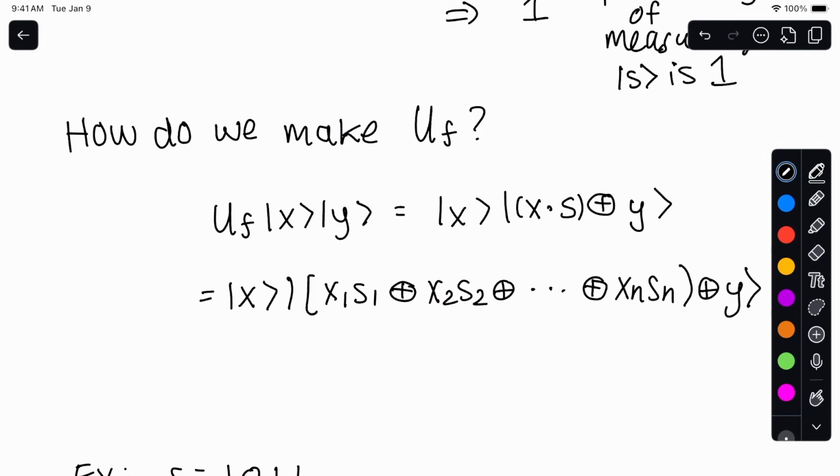So now we can see that basically for each one of these that are 1, we're adding 1 to this long sum, and that's essentially corresponding to a bit flip. So every time one of these entries is 1, we're applying another bit flip to the qubit y.